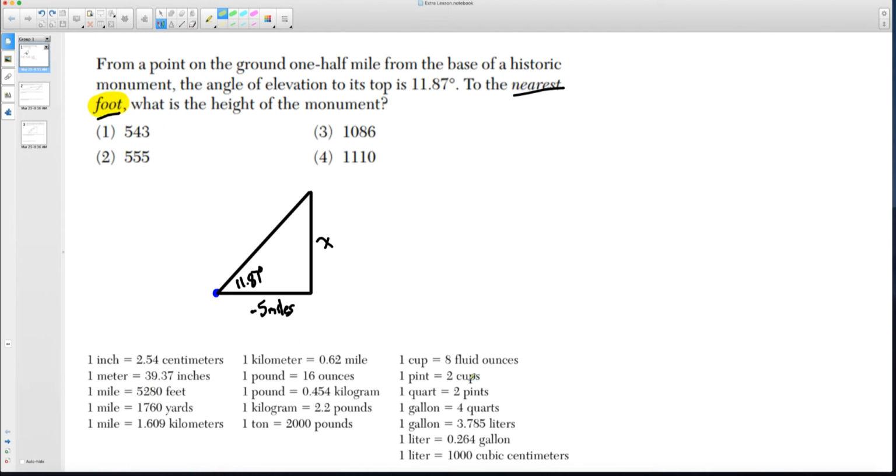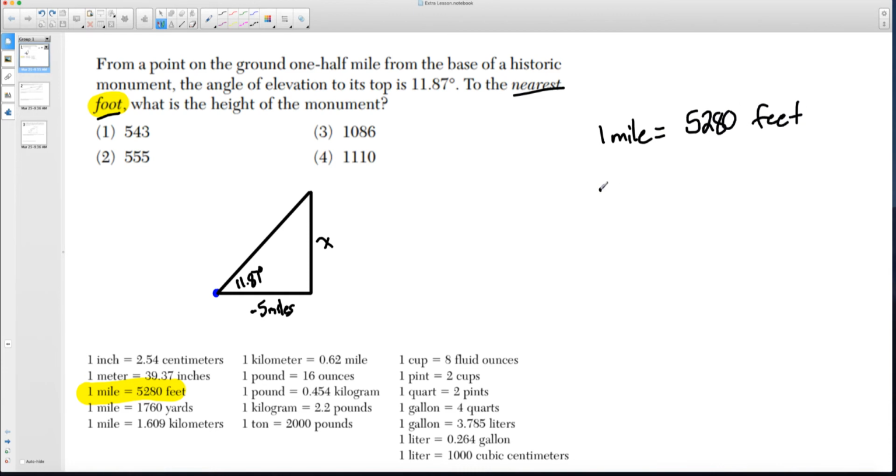So I take a look. I just put the reference sheet here on the bottom. So here we go. 1 mile is equal to 5,280 feet, which means we need to do a little bit of a conversion here. So 1 mile equals 5,280 feet.